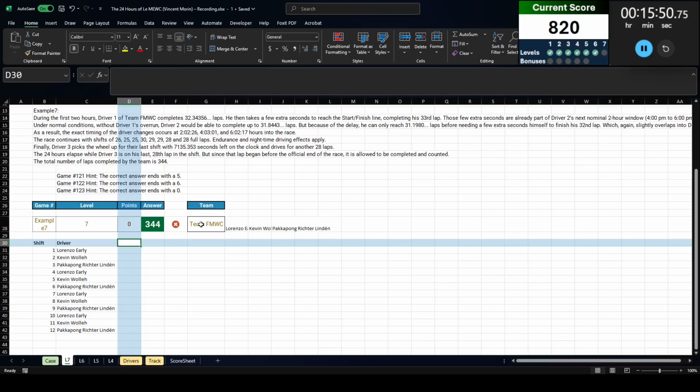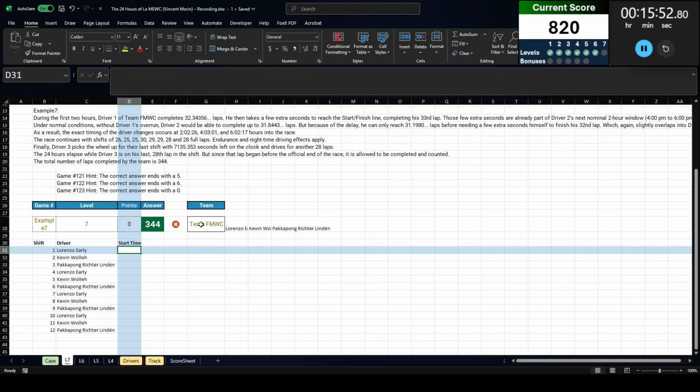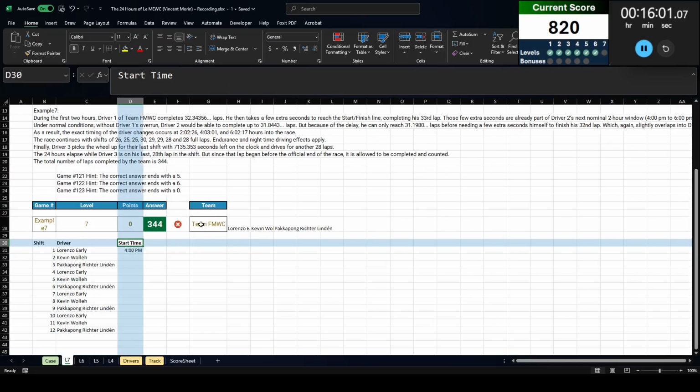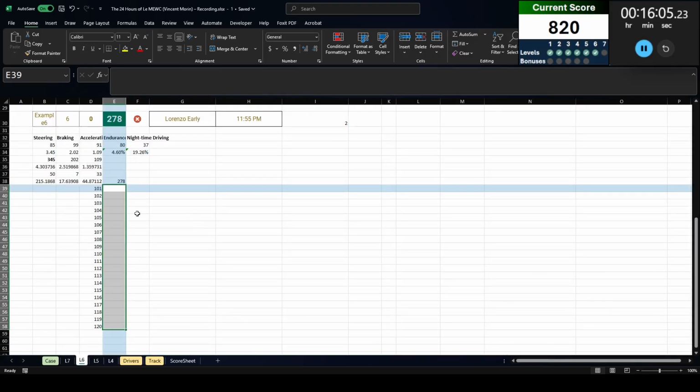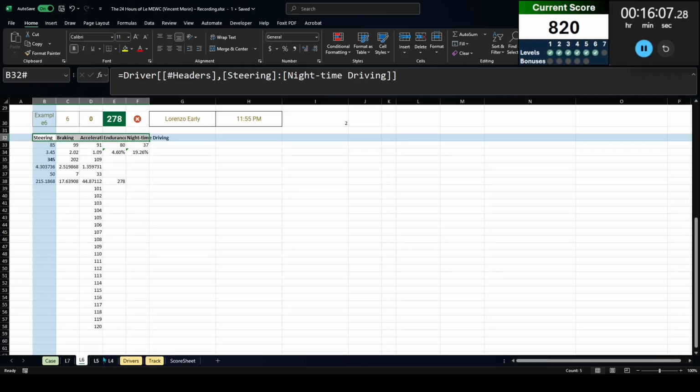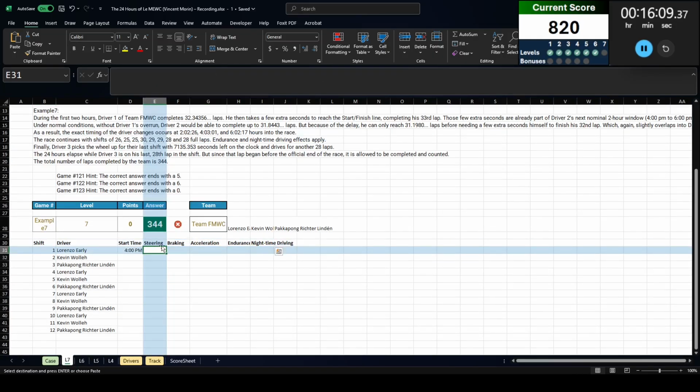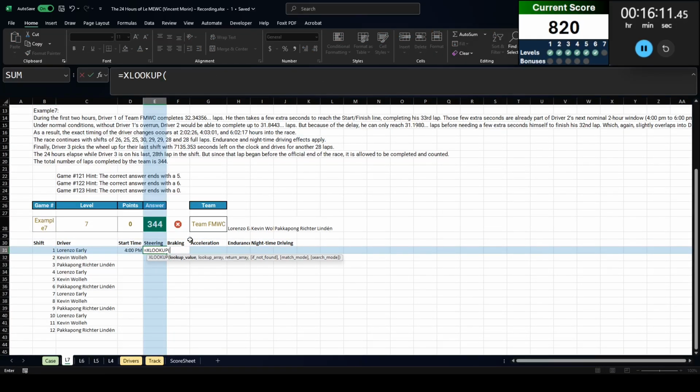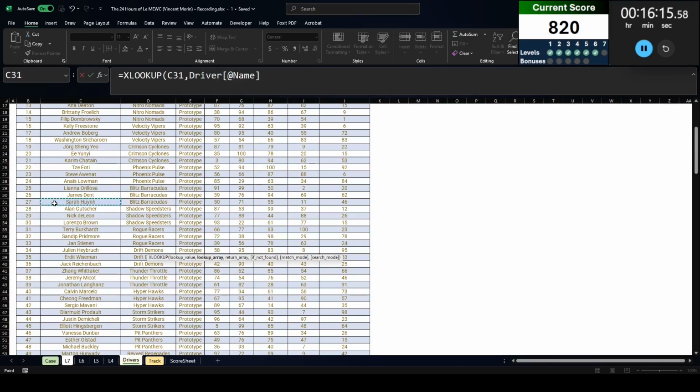All right. Next thing after we get the driver, we want the start time. So the start time is going to be 4 o'clock p.m. for Lorenzo early, but it's going to change on the other drivers depending on how long it takes Lorenzo to complete his laps. So let's get these factors over. And we are going to XLOOKUP that in the driver's array, return these 5.